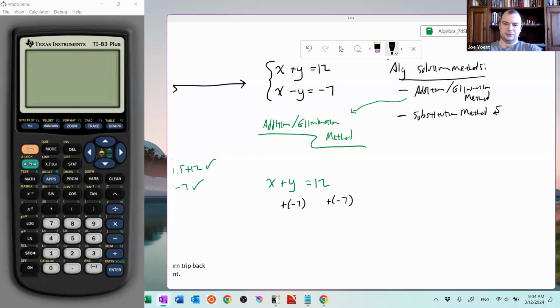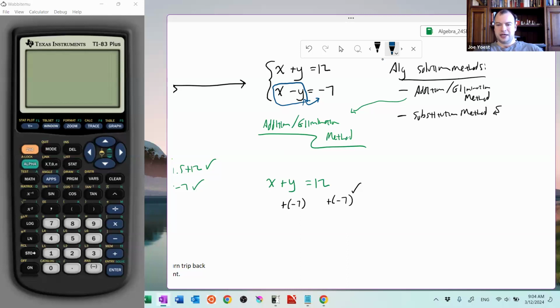Now, maybe I'll keep the -7 on the right just as a -7. But I also know something that -7 is equivalent to. It could be something like -10 plus 3 or something like that. That could be another way to say -7. But another way to say -7 could be, in this case, x minus y.